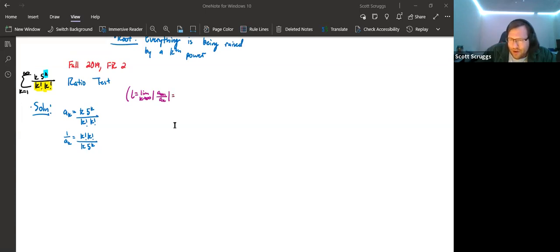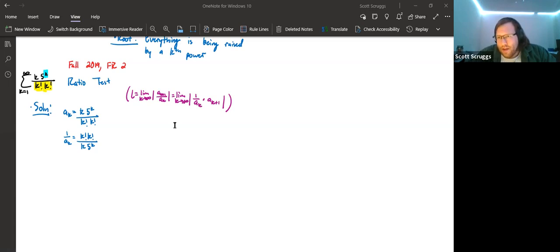Leaving it like this is usually really nasty and awful. So one way that we can rewrite that in order to simplify our work is to rewrite it as you're taking the reciprocal of a of k and you're multiplying it by a of k plus 1.